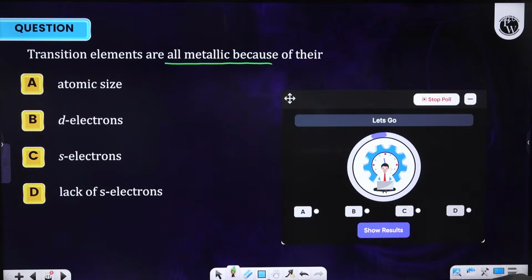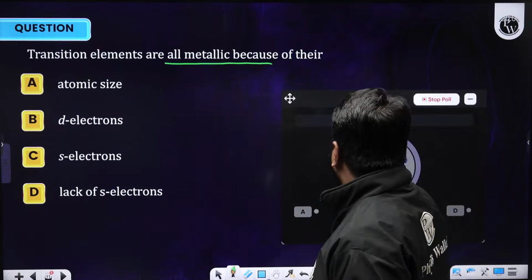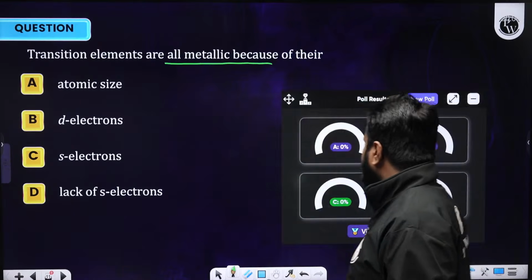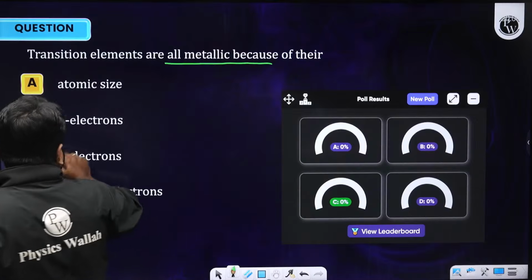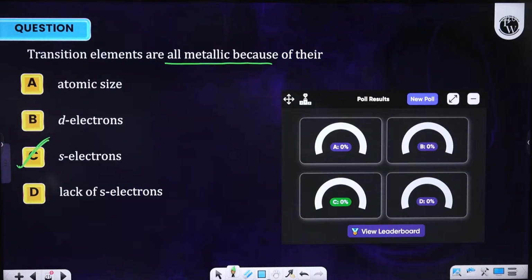Exactly. The correct answer is C, because of the s electron. Why is it not reading? I think you people are not telling on time.